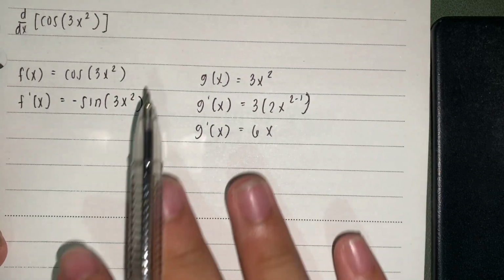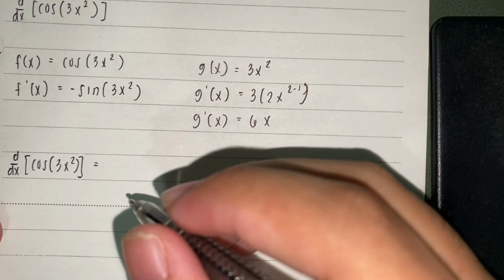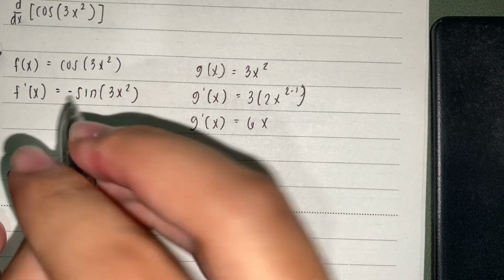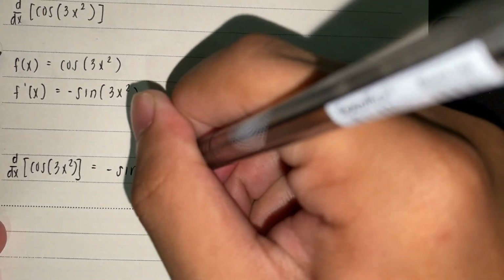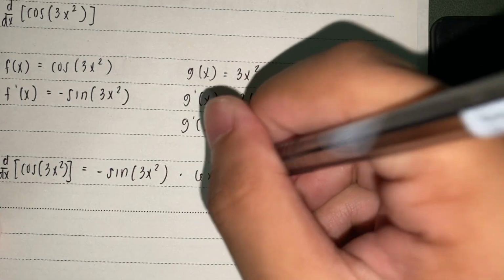So the derivative of cosine of 3x squared is going to be f prime of g of x, that is negative sine of 3x squared, multiplied by 6x.